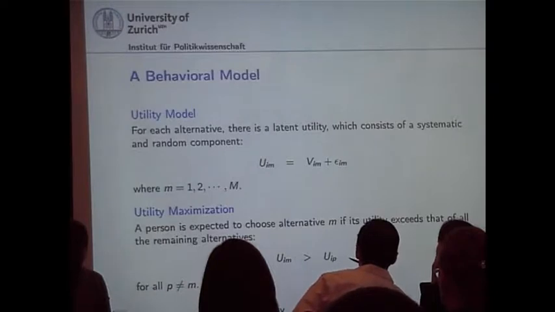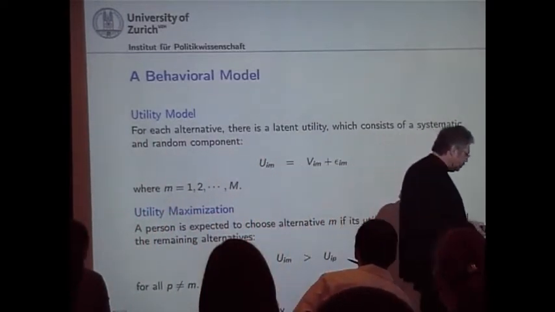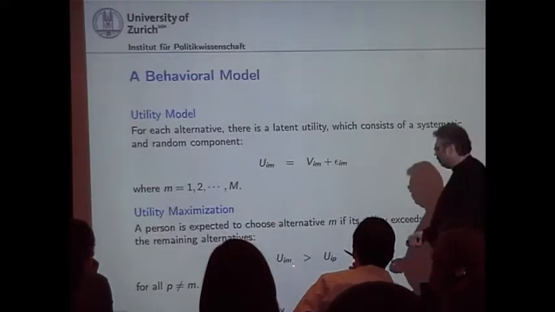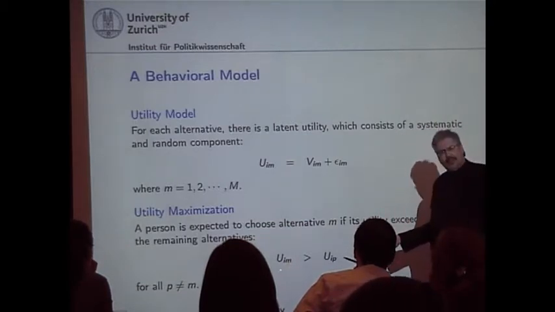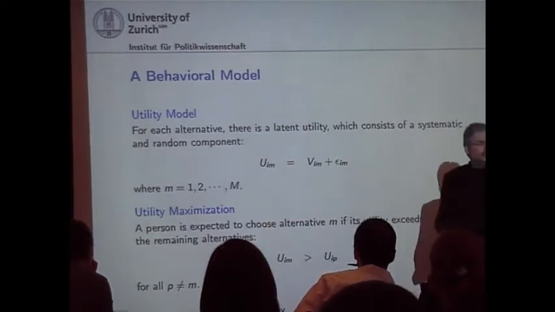And then we have this utility maximization postulate that I already mentioned, which says a person votes for the party that gives the highest utility. So person I will vote for party M if the utility of party M for that individual is greater than the utility for any other party in the choice set.